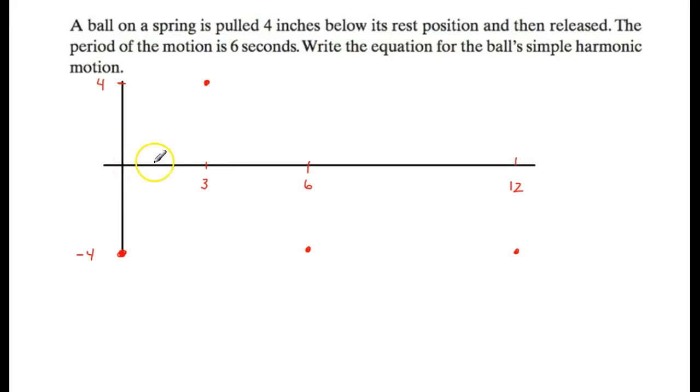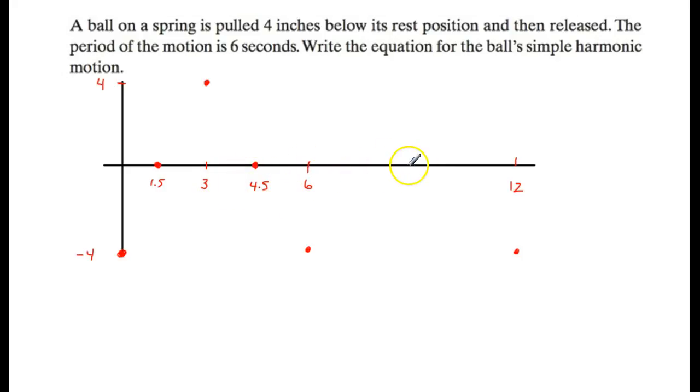All right, and then quarter points: halfway between 0 and 3 is 1.5. At 1.5 we are on the axis, and then halfway between 3 and 6 would be 4.5. We're back on the axis. All right, and so notice it's always 1.5, 1.5, 1.5, 1.5.